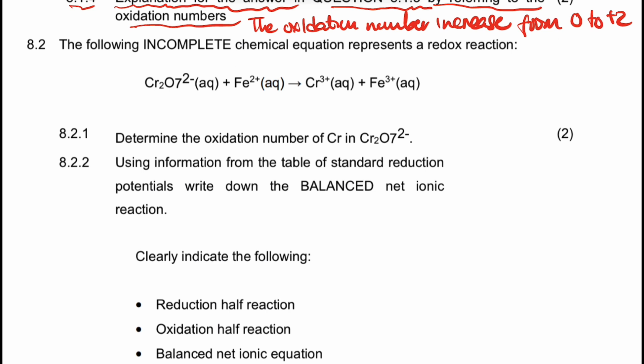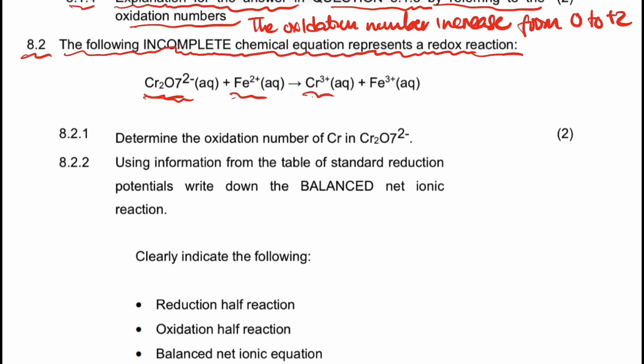Now guys, when it comes to this in 8.2, you need to pay attention. It says the incomplete chemical equation represents the redox reaction, right? So we have the chromium ion and the iron.